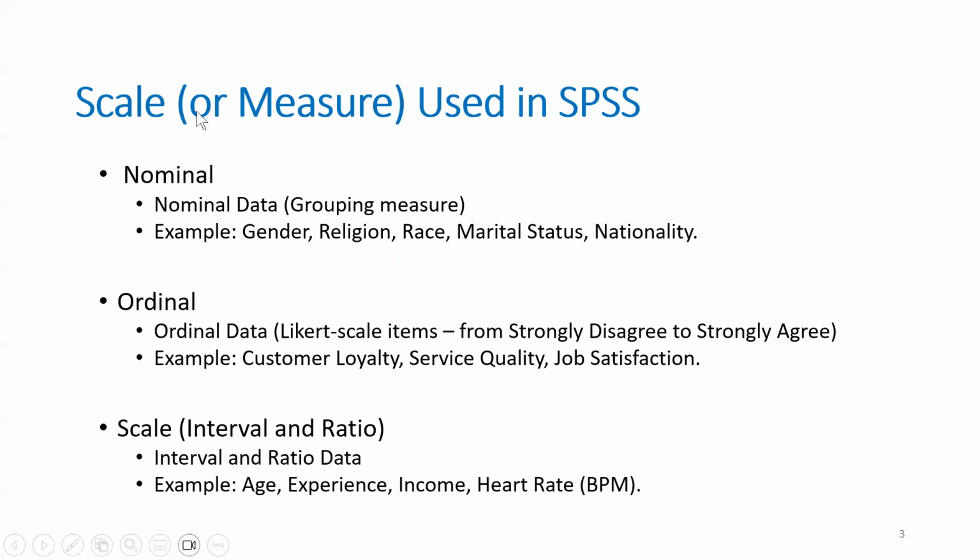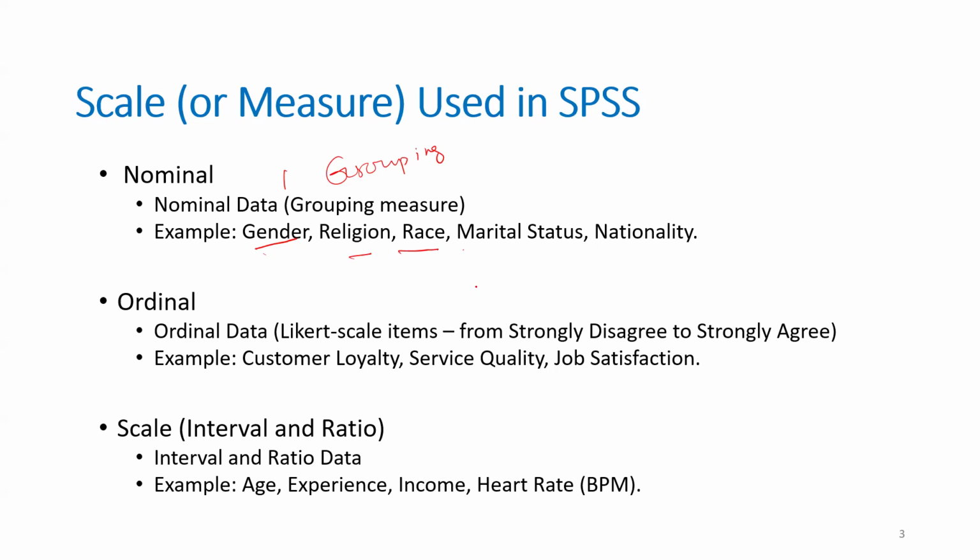If you look at SPSS, we have three types of scale. One is the nominal scale, which is used for grouping variables. Grouping means, for example, gender with two groups, male and female, so a categorical variable, or multi-categorical, like race or religion, with more than two categories.